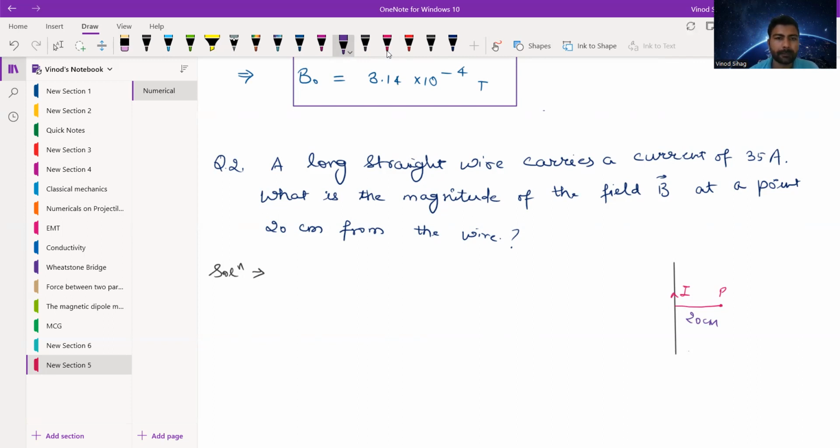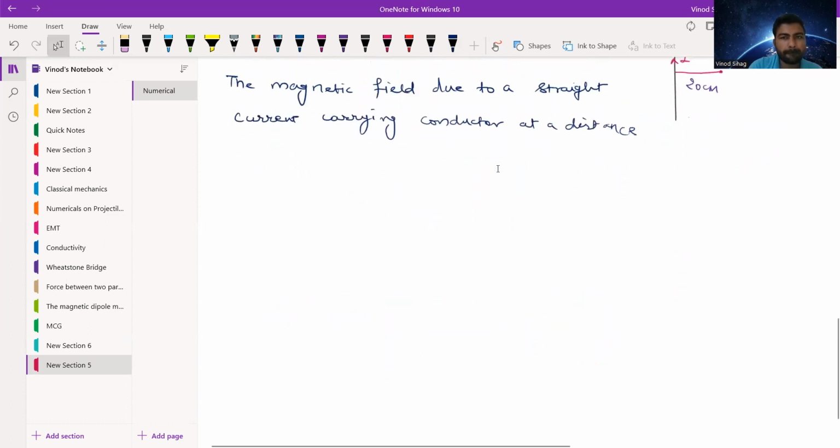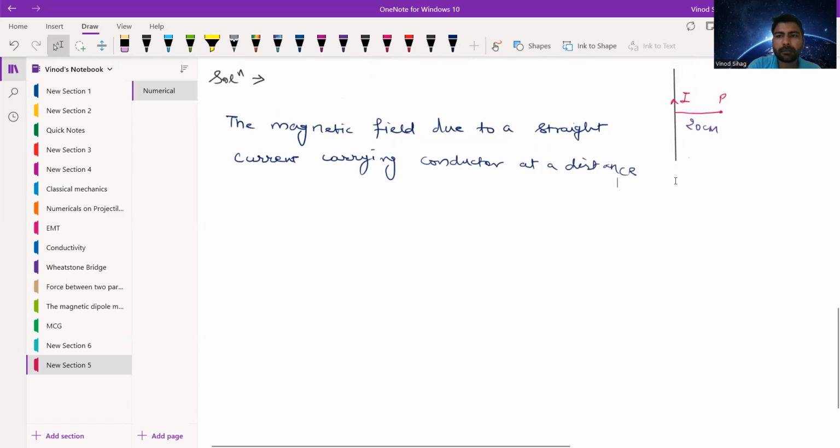Now we have to find out the magnitude of magnetic field at that point P. We know that the magnetic field due to a straight current carrying conductor or wire at a distance d is B equals mu naught I upon 2 pi d.